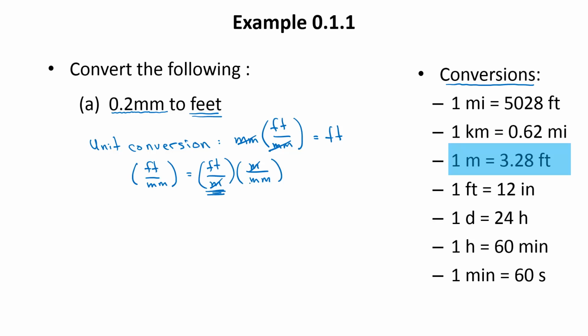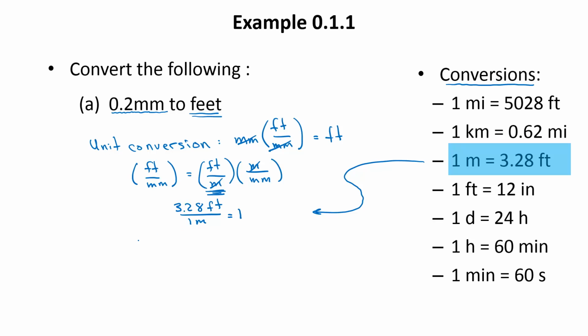In our feet per meter conversion, we can use this conversion here. If there's 1 meter to 3.28 feet, if I divide both sides of that equation by 1 meter, I get 3.28 feet per 1 meter is equal to 1.